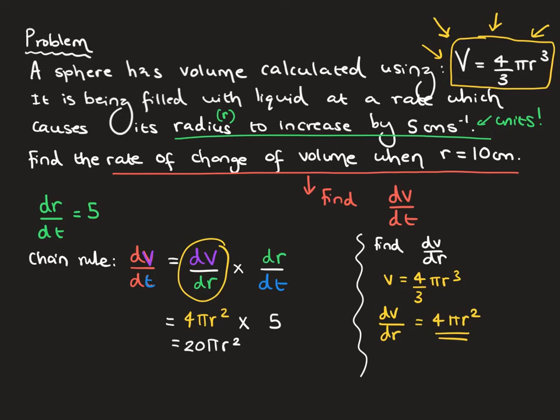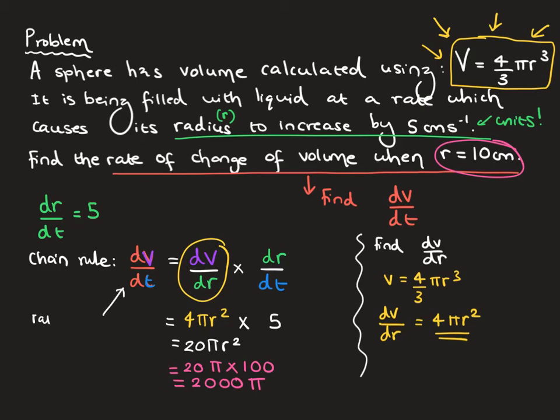But we were asked to do the calculation when r equals 10 centimetres. So if r equals 10, if we substitute that in, we get this. So the answer in terms of pi is 2000 pi, and we need to check our unit. Well, look at the rate of change.